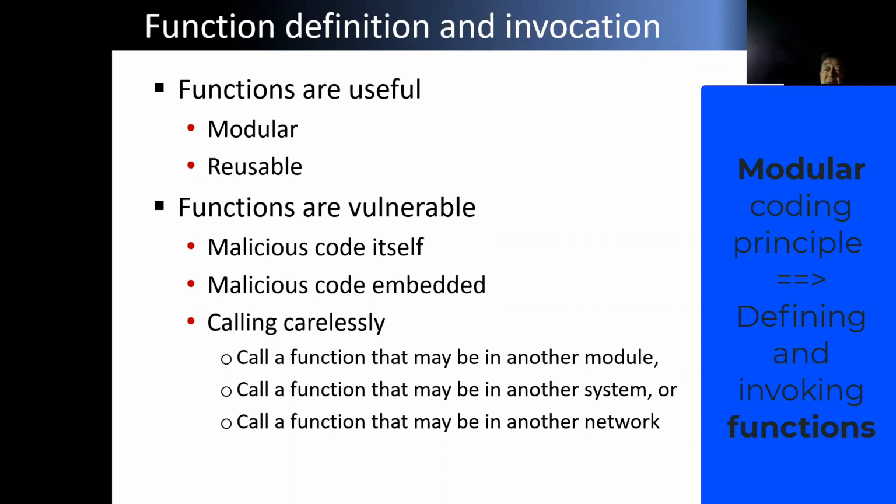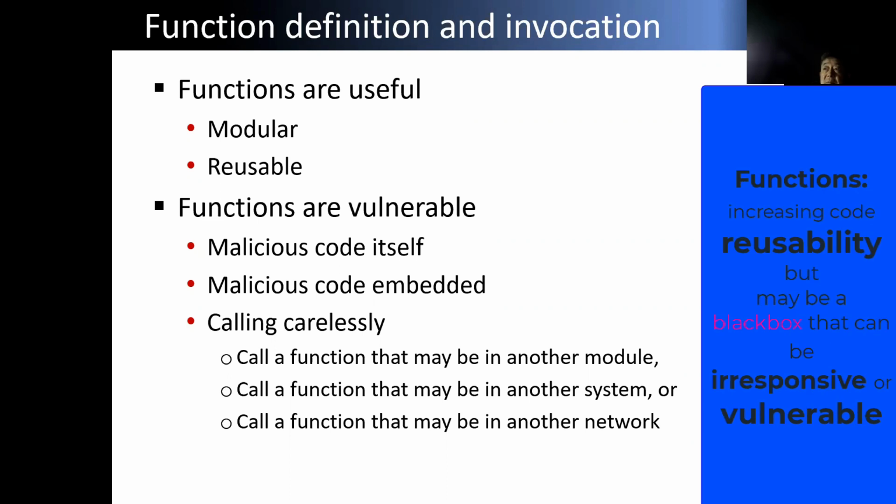Like many other features, there are pros and cons. If something is useful, then at the same time there may be some risk, right? So functions are useful, but at the same time, they may be vulnerable. A function may contain malicious code.